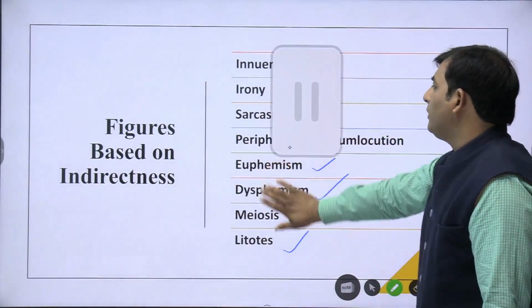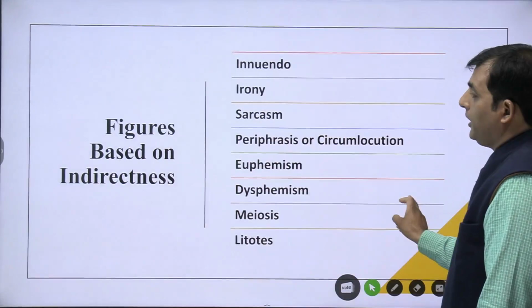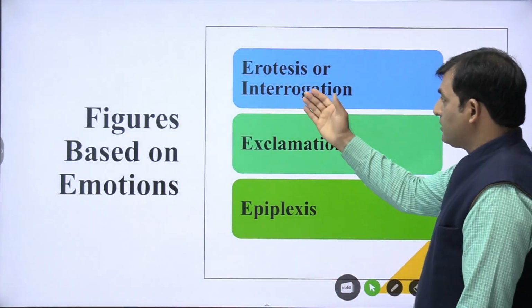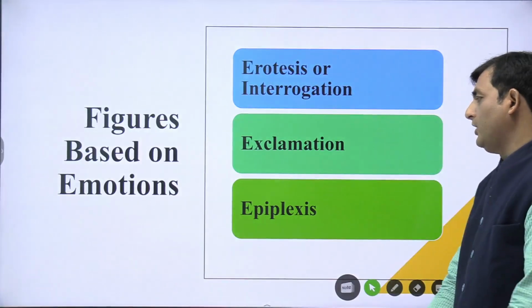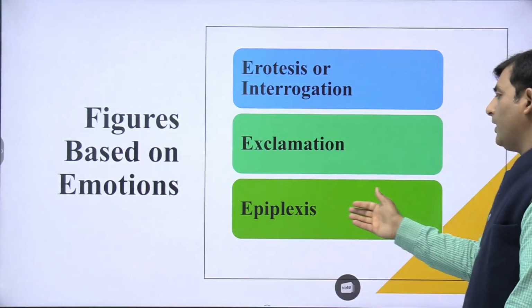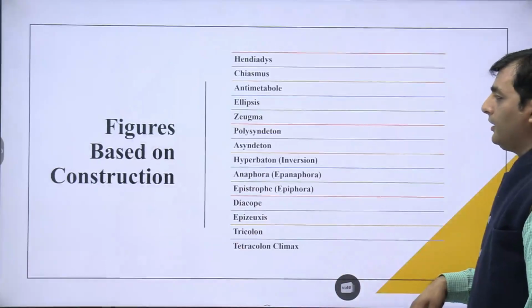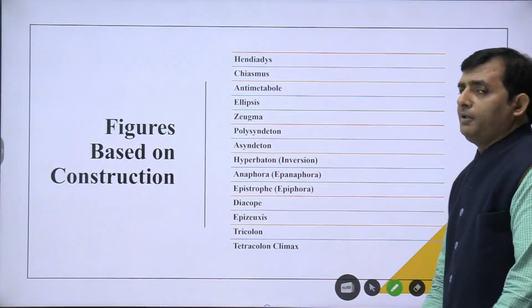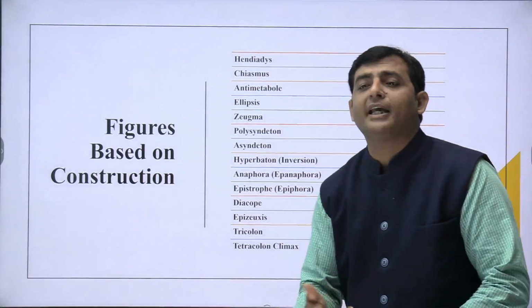And then you have the figure of speech based on emotions. And on emotions: erotesis or interrogation, exclamation, and epiplexis. And then figures of speech based on construction. Right? Based on construction means scheme.